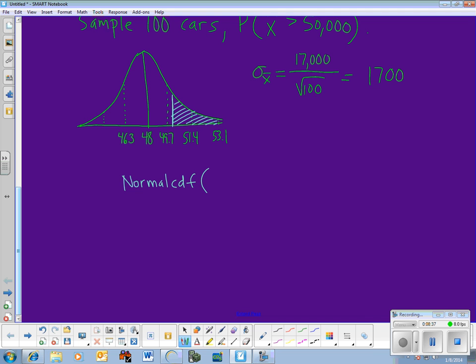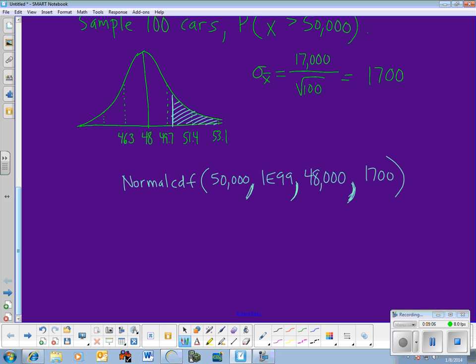What I'm looking for is the probability that I get 50,000 or more. So that's 50,000 to infinity with an actual center of 48,000, and my standard deviation is 1,700.